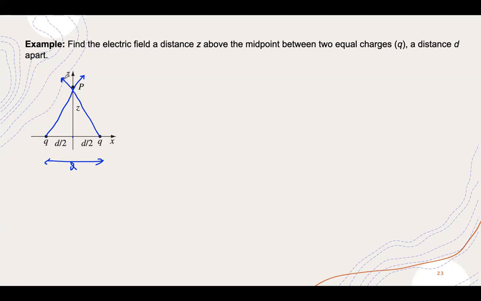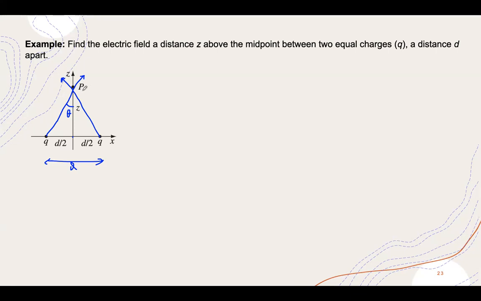But now the situation is that these are not along the axes we have chosen. So let's suppose that this is angle theta, and then we choose our x and z coordinates, and accordingly we take the components.